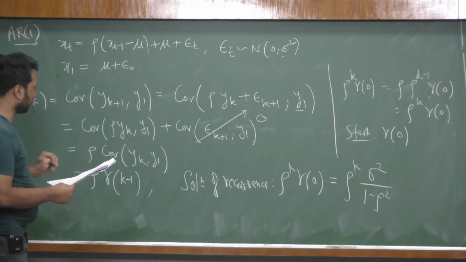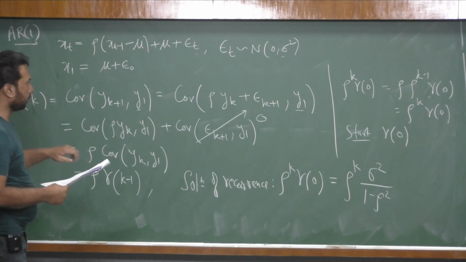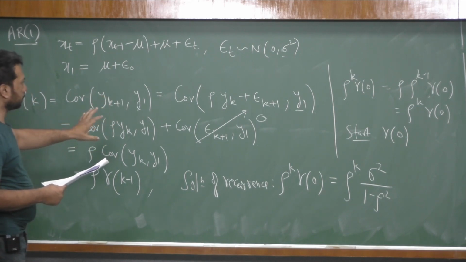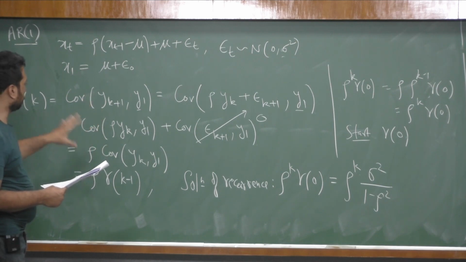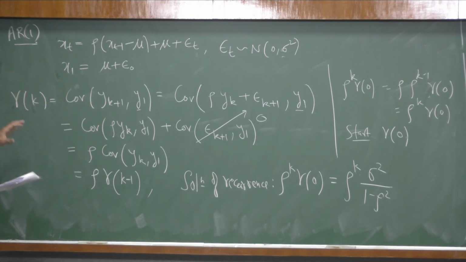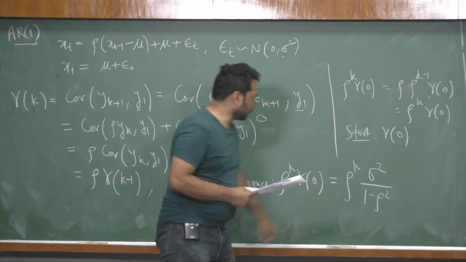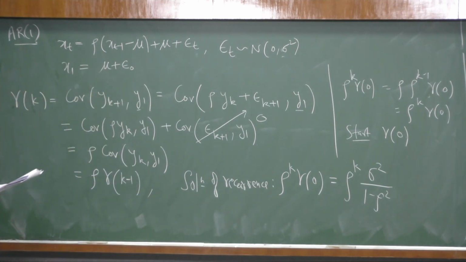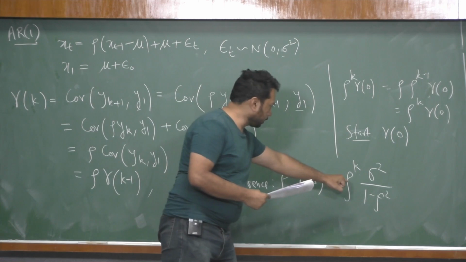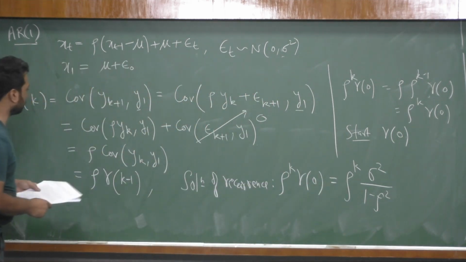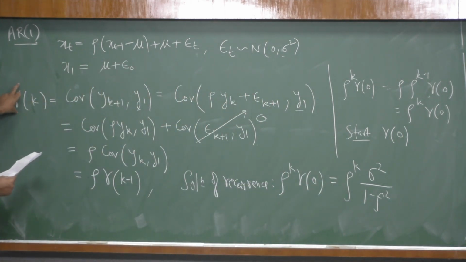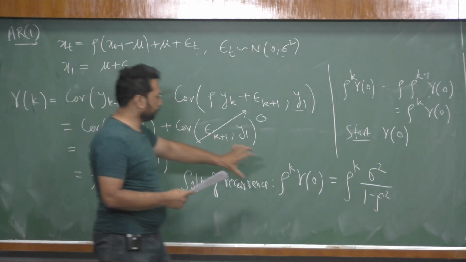Obviously we have also assumed that this is a wide-sense stationary process, and I leave it as an exercise for you to show that this indeed follows wide-sense stationarity. But my point was to derive an expression for this. If we have this, then the idea that this is summable depends on whether this guy is summable.